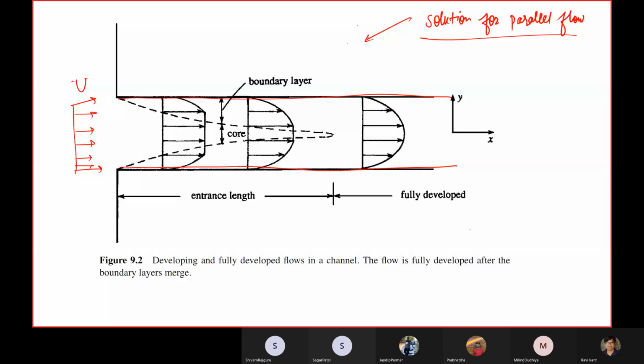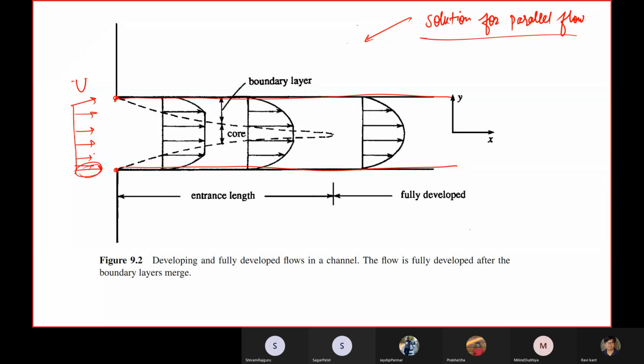The air is coming nicely. Once it hits this point, because of the no slip condition that arises at the bottom and the top flat plates, the velocity at the wall becomes 0 momentarily, at every point.